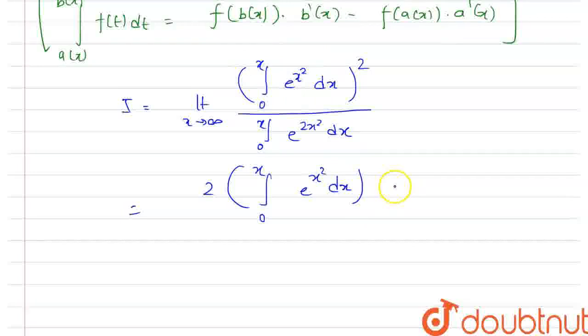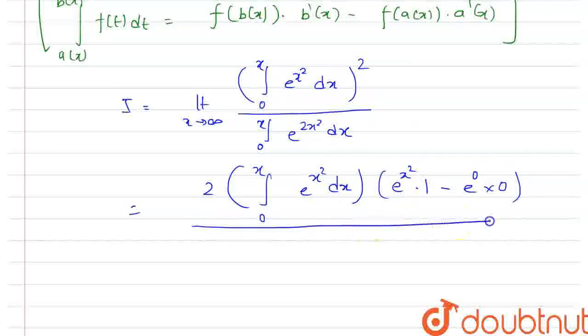Now this will be equal to e to the power x square into differentiation of x, that is 1, minus e to the power, in place of x now we'll put 0, so e to the power 0 square, that is 0, into differentiation of 0 will be equal to 0, divided by, now we'll differentiate this integral, this will be equal to e to the power 2x square into differentiation of x, that is 1, minus again e to the power 2 into 0 square, that is 0, into differentiation of 0 will be equal to 0.